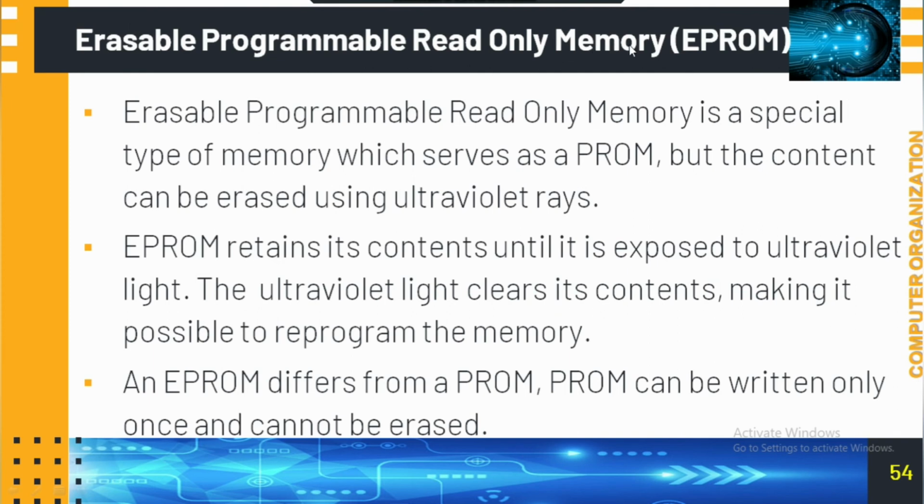Erasable programmable read-only memory. In this, we are able to erase the content stored in the chip. How can you erase it? You can pass ultraviolet rays to erase the content in this EPROM and rewrite the program code. Erasable programmable read-only memory is a special type of memory which serves as a PROM, but the content can be erased using ultraviolet rays.